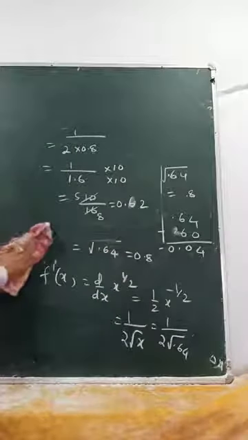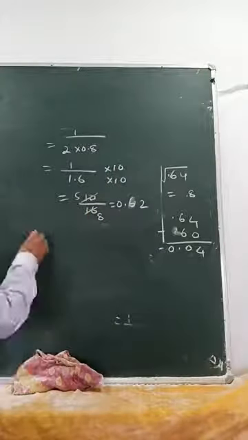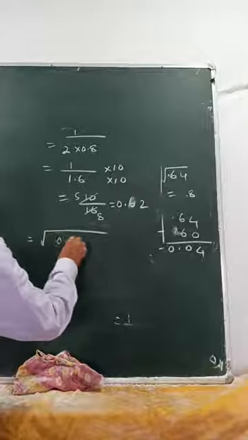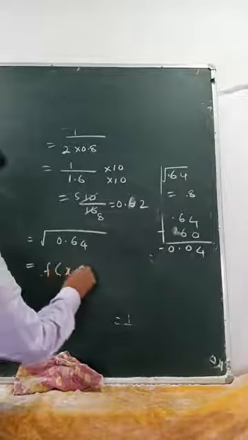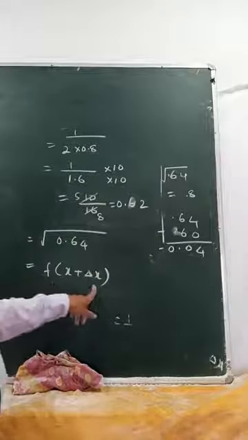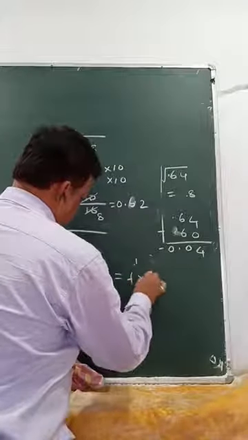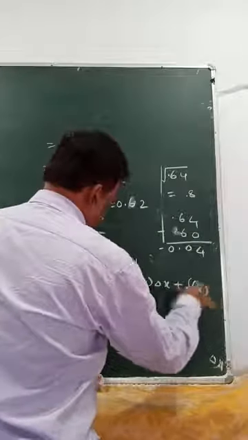Okay, now if you want to find the square root of 0.64, that is your f of x plus delta x. That is your f of x plus delta x. The formula I have derived here is f dash x delta x plus f(x).